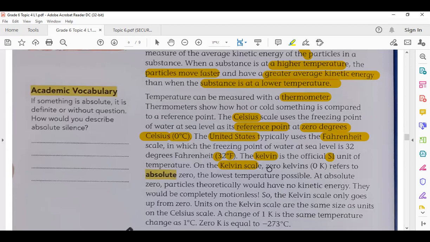According to the Kelvin scale, 0 Kelvin refers to something in science called absolute zero. What is the meaning of absolute zero? Please give me your attention.